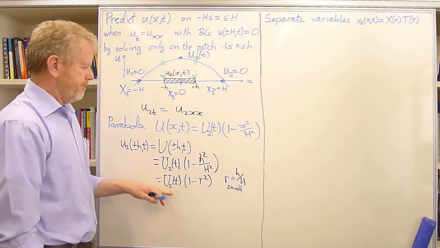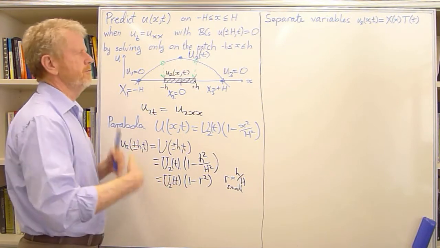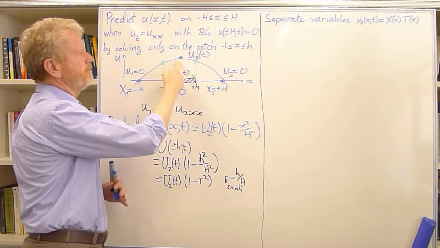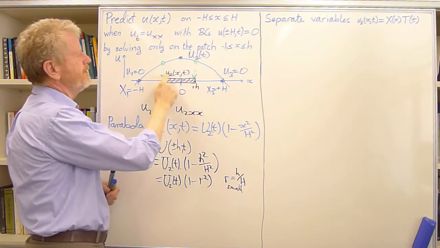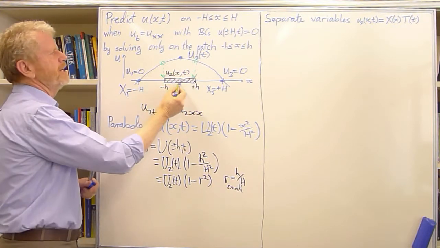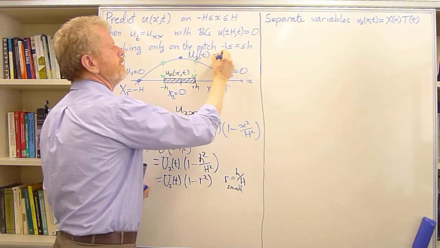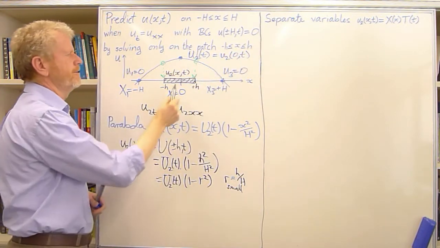Alright, now this turns into boundary conditions for the patch because what is U2? Well, U2 is the value of the field at x equals 0, and we're solving a PDE for little u2 in this domain, so clearly what we want is that U2 is little u2 evaluated at 0 and time.